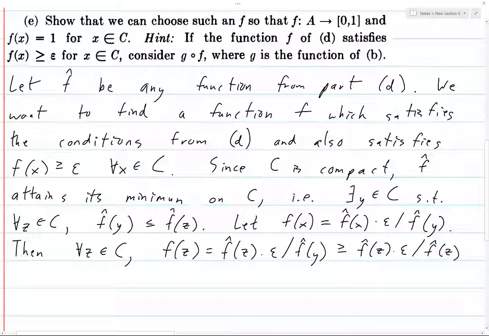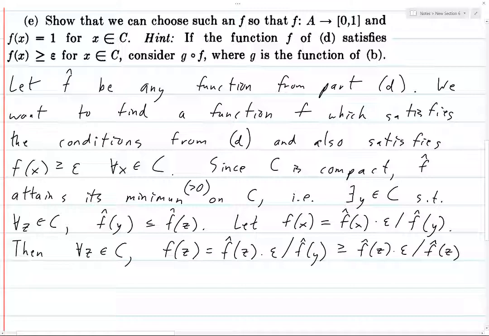Its minimum is strictly greater than 0. That's actually important here, and it's good that I caught this, because you need the fact that f hat is strictly positive on C, otherwise you're potentially dividing by 0 here.